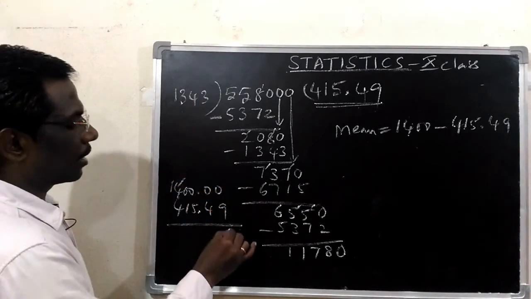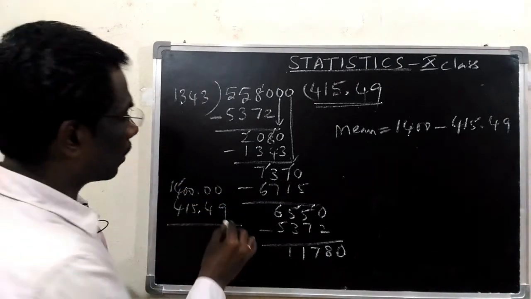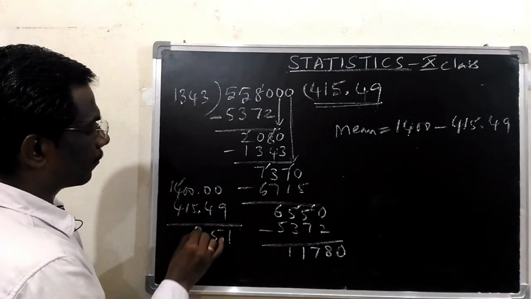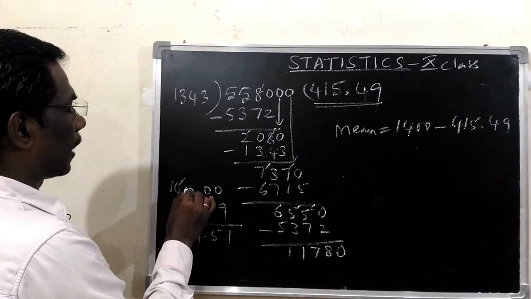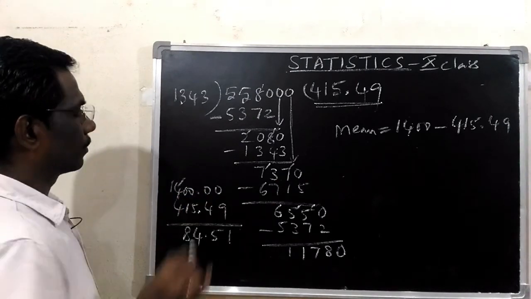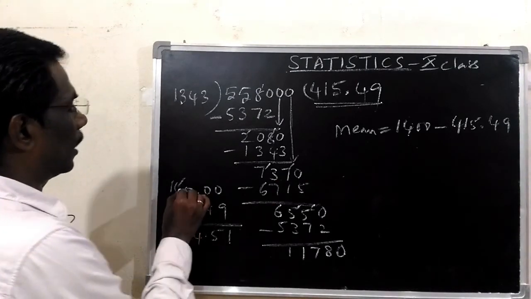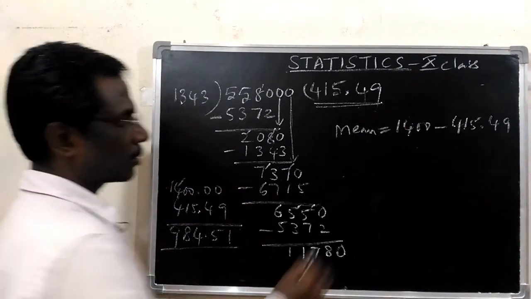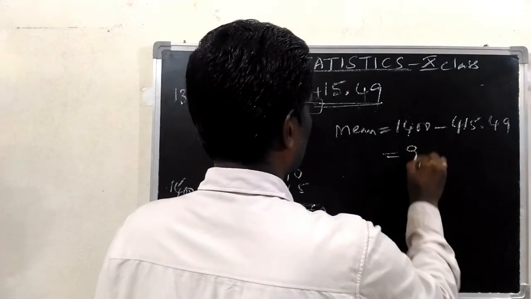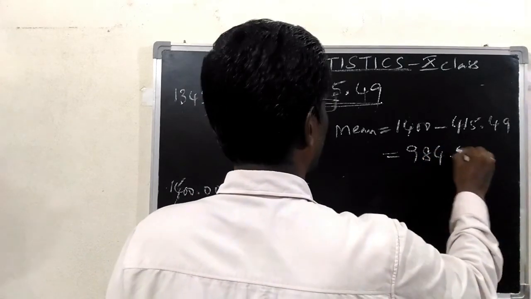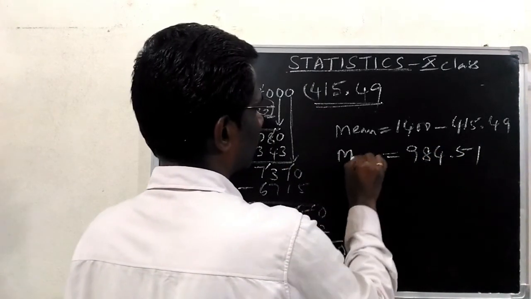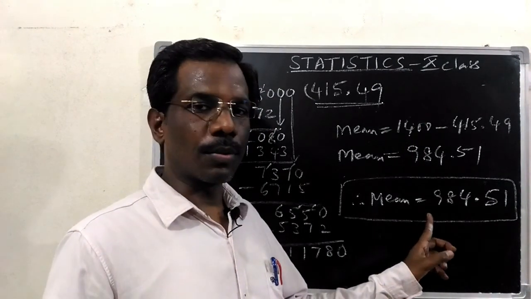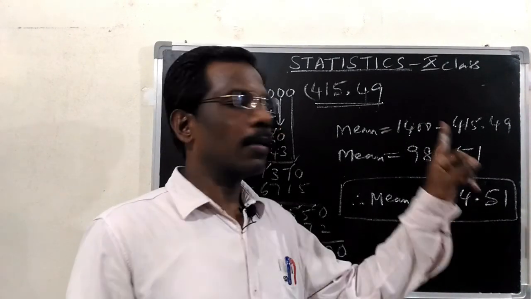So 10 minus 9 is 1, 9 minus 4 is 5, and 9 minus 5 is 4, and 9 minus 1 is 8, and 13 minus 4 is 9. So it is 984.51. Therefore, mean is equal to 984.51.